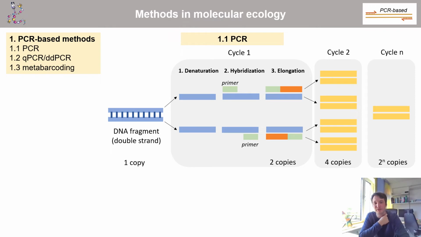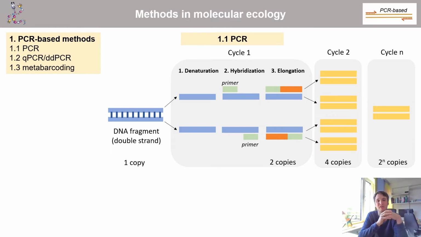So the principle of PCR is basically you have a double-strand DNA fragment. You will do a denaturation of this into two single strands, using primers that target specific parts of the DNA sequence. You will do hybridization, and then using a DNA polymerase, you can do the elongation of the fragment.